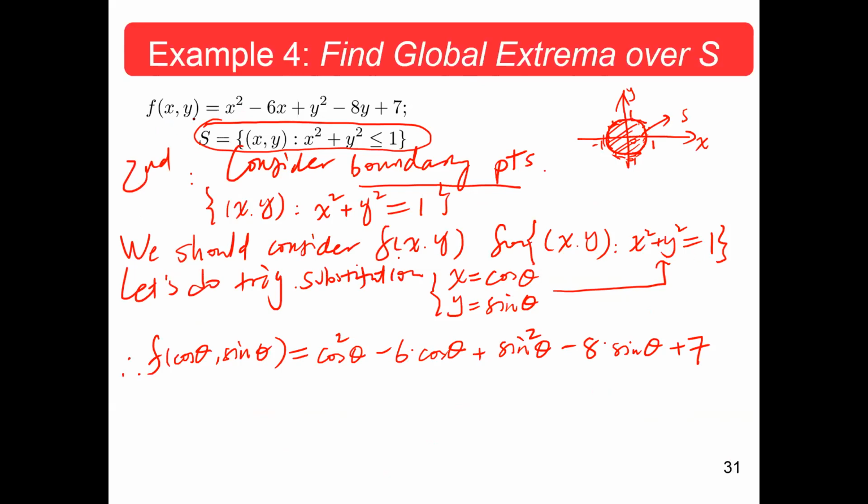So the function value at those boundary points is expressed in terms of sine and cosine using trig substitution.